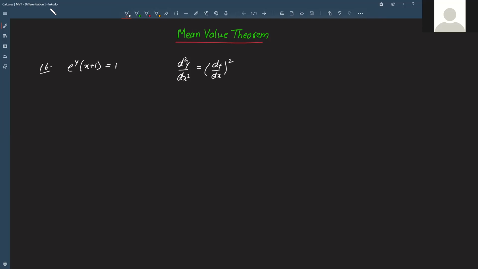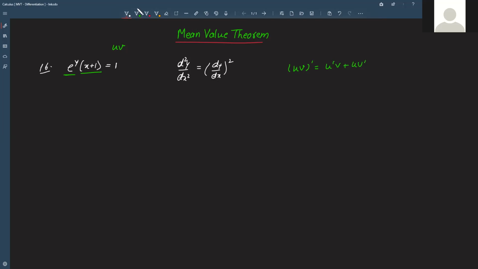So this thing can be taken as e to the power y as one function and x plus 1 as another function. So this is uv format, and differentiation of uv is u dash v plus uv dash. The same thing we are going to do here.